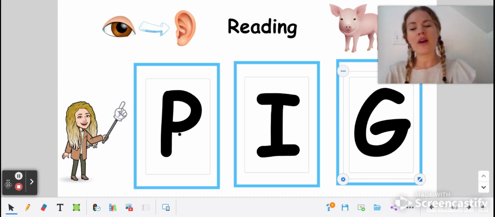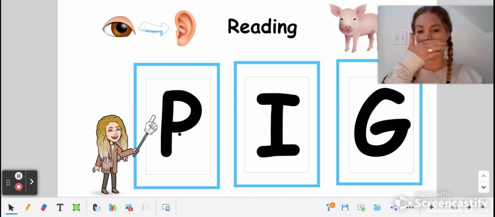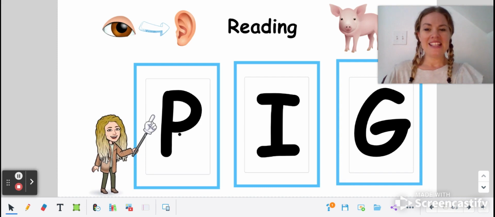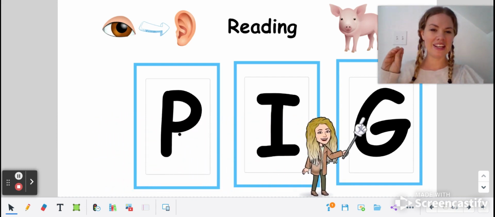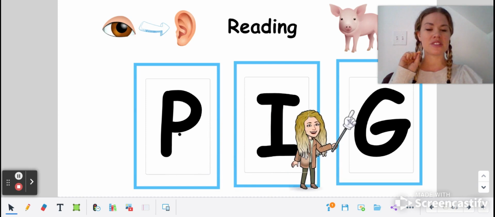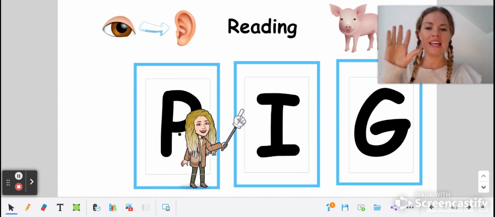Great job. All right, and then you might actually go into blending with your students if they're at that level. You might say, let's put all these sounds together, okay? So, p, i, g. I see all those symbols, and I'm now creating a sound for each of those symbols. Now I'm going to blend those sounds together. So, p, ig.